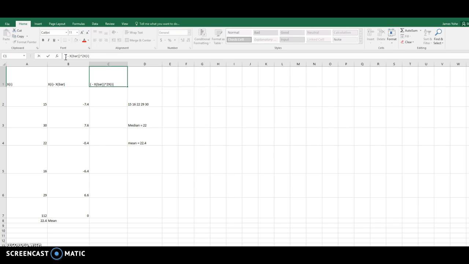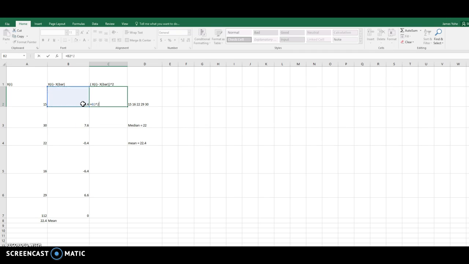Now, what I'm going to do here, x sub I minus x bar, and then we're going to square it. What I'm doing here is I'm taking x sub I minus x bar, that's this column, and I'm just squaring it. I'm going to highlight that x sub I minus x bar, which is deviations about the mean.